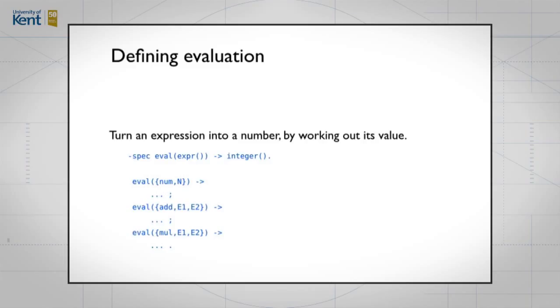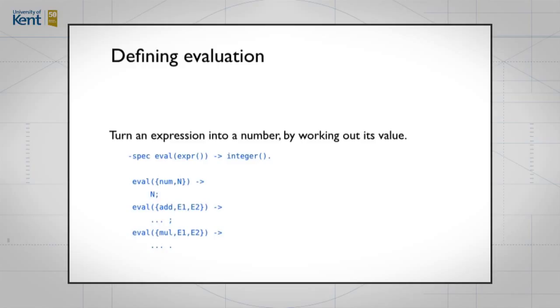Well, in the first case, the expression represents a number. And what's its value? Well, the answer is it's the number itself. So that's a simple case to fill in. What about for an addition? We have two expressions, the left-hand side and the right-hand side, which each represent a number. And the whole expression is built up by combining those with a plus.